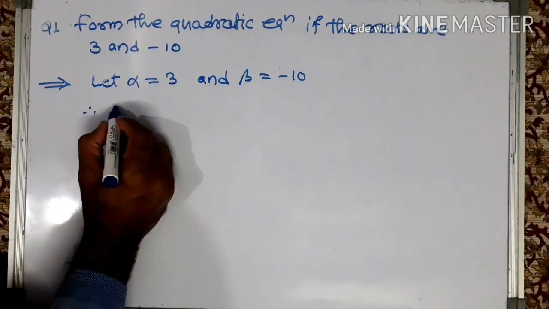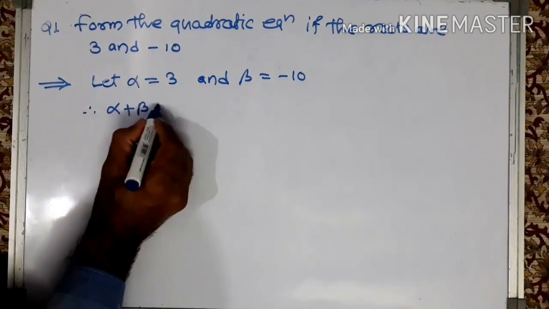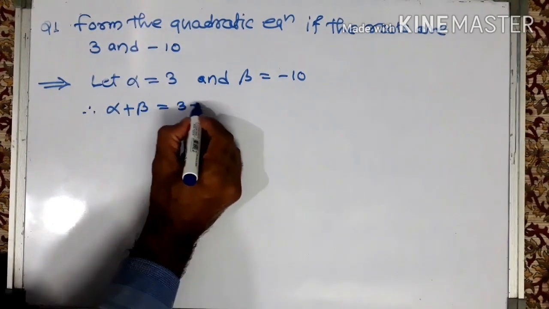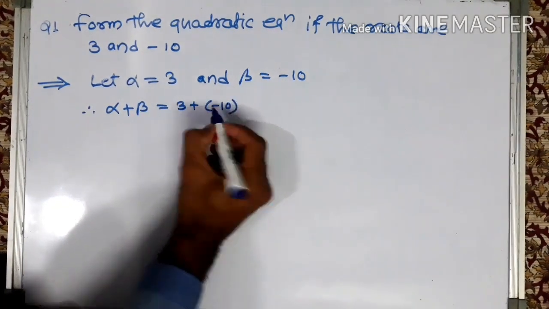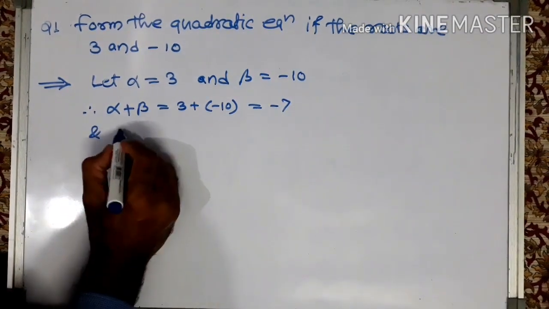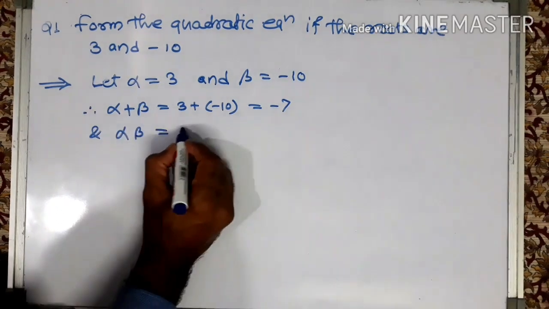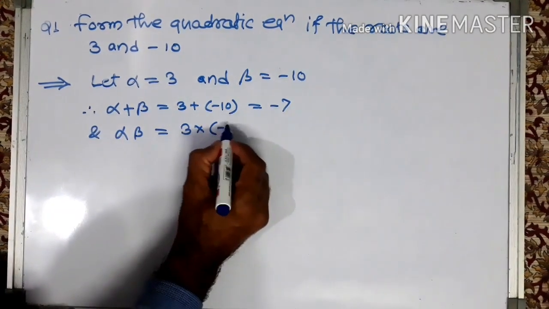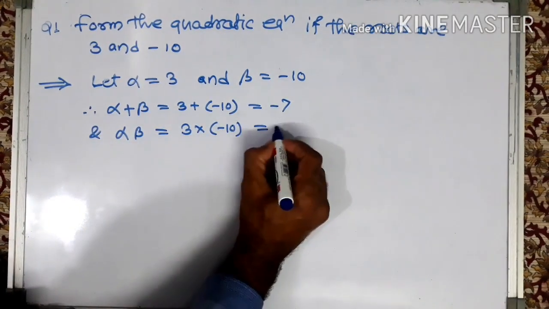Therefore, first we have to find alpha plus beta equals to 3 plus minus 10 equals to minus 7, and alpha into beta equals to 3 into minus 10 equals to minus 30.